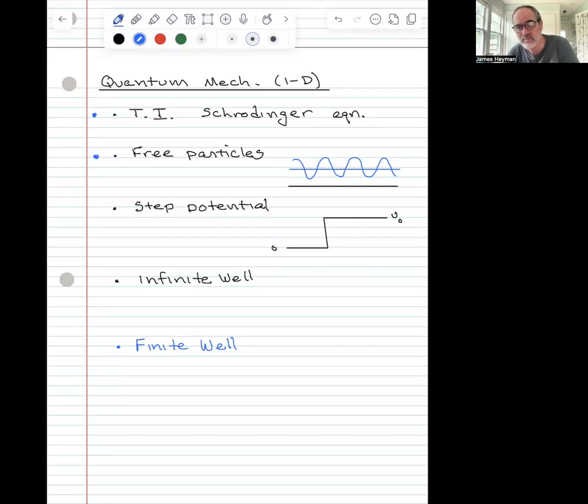The way that we did this is we separated the space into two parts, the low potential part and the high potential part, solved the Schrodinger equation in each region, and then matched up the solutions at the boundary. We found, for example, that if the energy of the particle was less than the height of the barrier, then we'd get an oscillatory function on the left-hand side of the barrier, and a decaying exponential function on the right-hand side. So we'd have this barrier penetration.